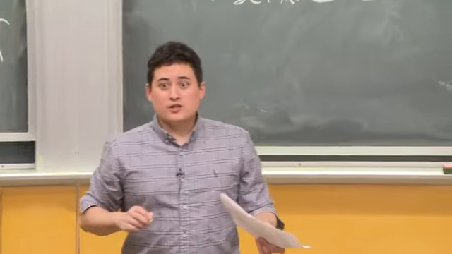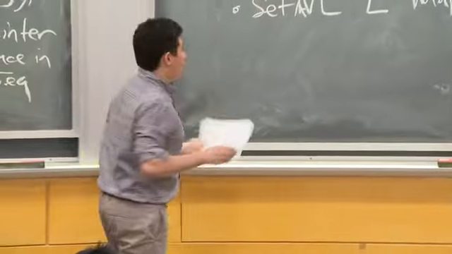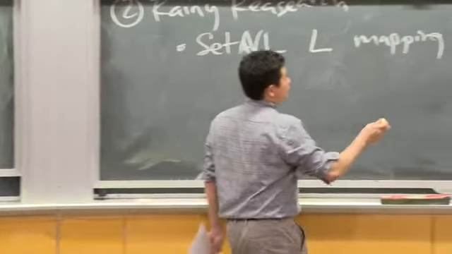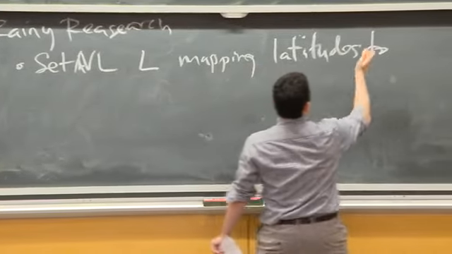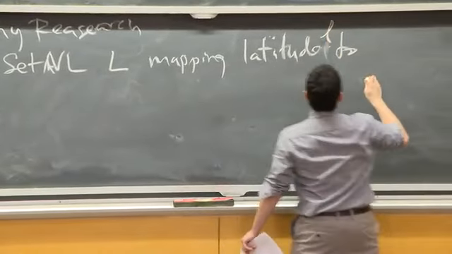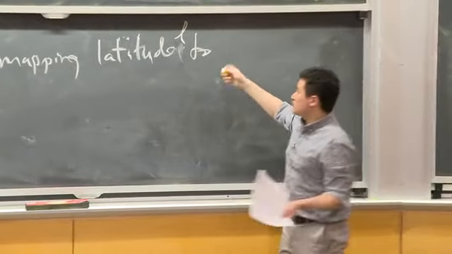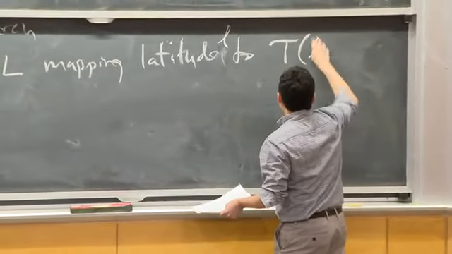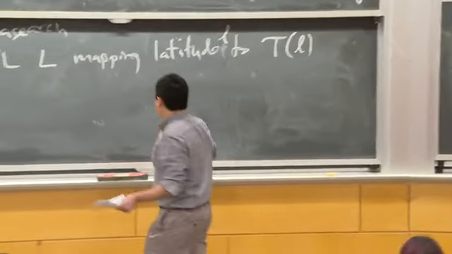No. So I'm going to go ahead and store these things in a time-sorted AVL, mapping latitude L to what I'm going to call a time data structure, T of L. That kind of looks like a recurrence, so it's a little irking me right now, but I don't have anything better.